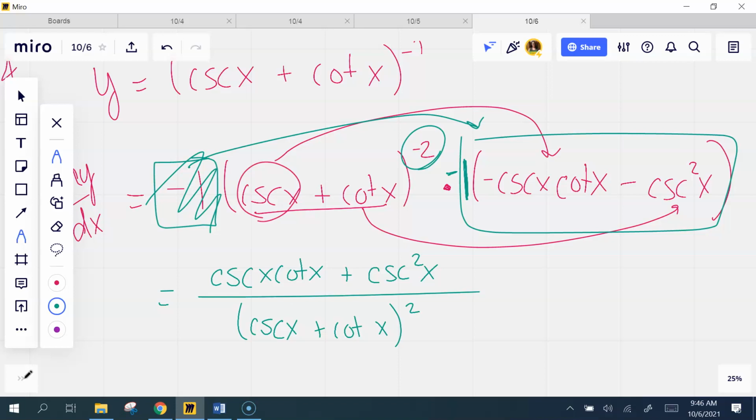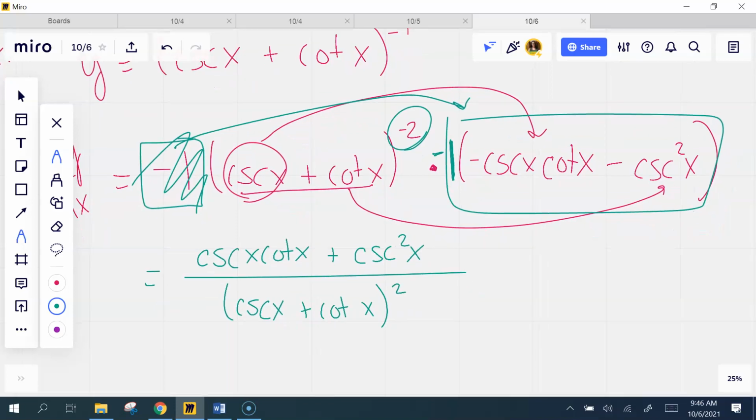Remember multiplication: if I had -1 times A times B times C, I wouldn't take the -1 to everything. I could just say that's -A times B times C. The only time I distribute through like that is if there's plus or minuses.